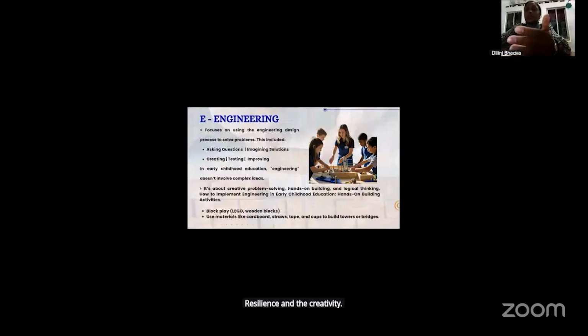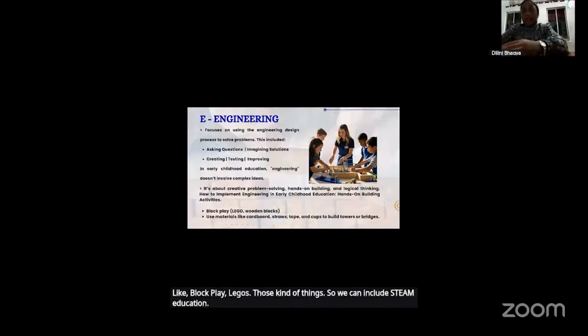In early childhood classrooms, we can do activities like block play and Legos. So we can include the engineering part of STEAM education in our daily lessons. Let's take an example: build a bridge with blocks for a toy animal.